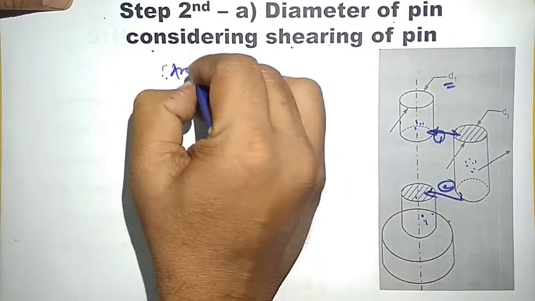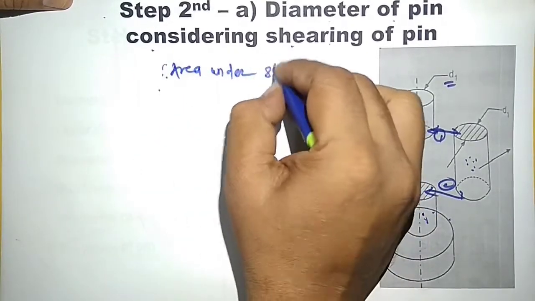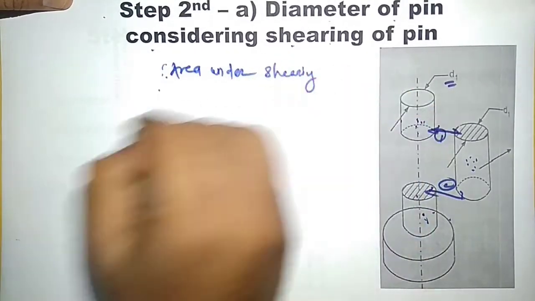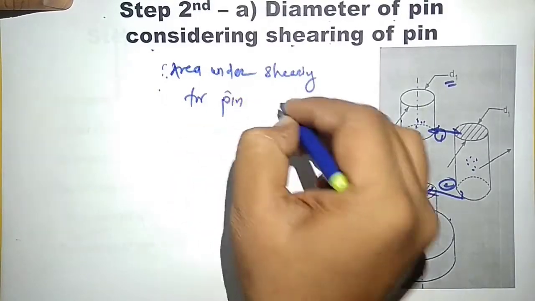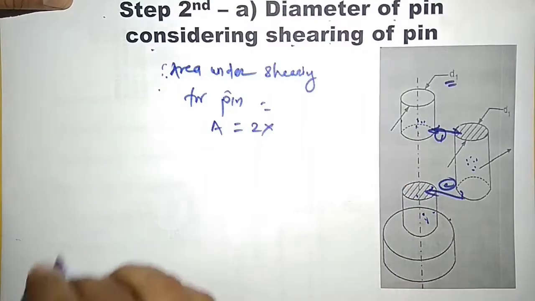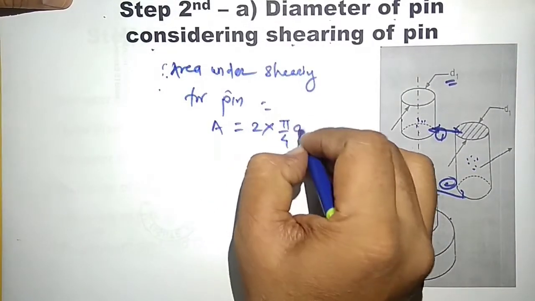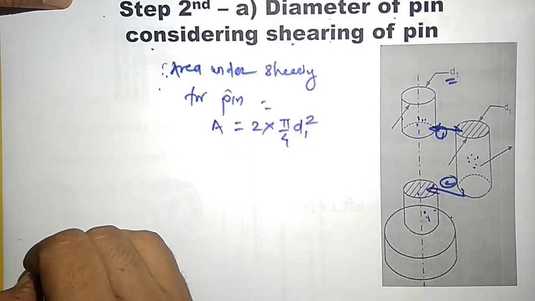Therefore, the area under shearing for the pin, due to double shear, will be 2 into pi by 4 d1 square.